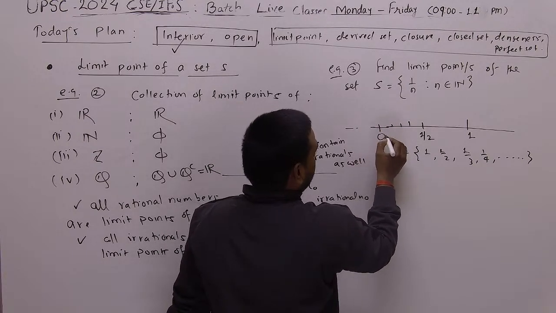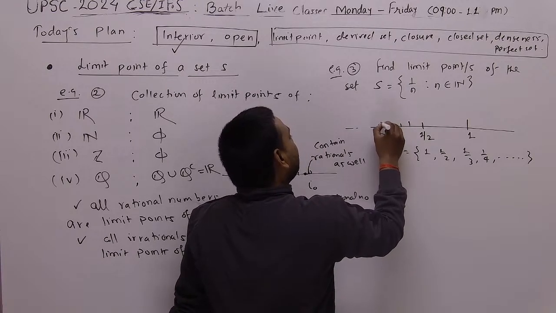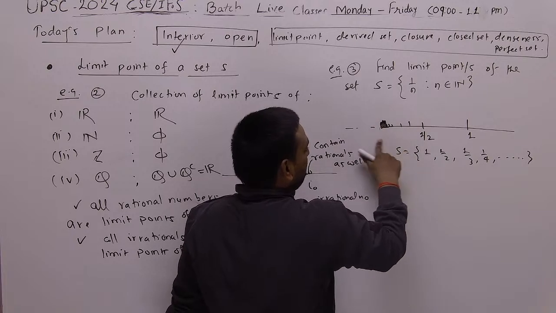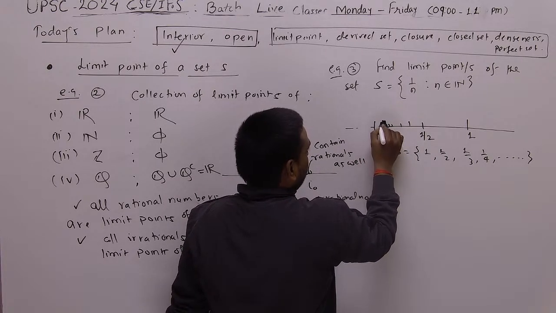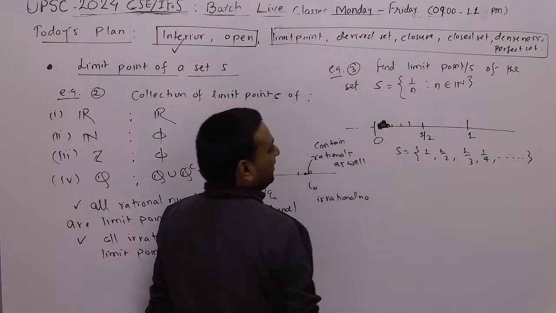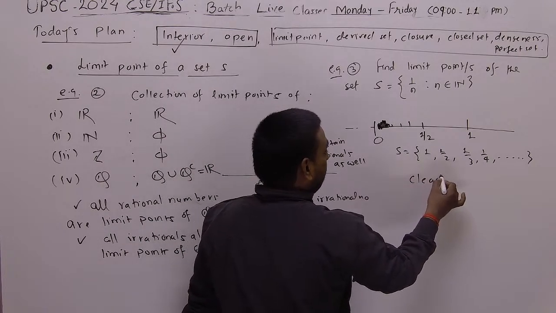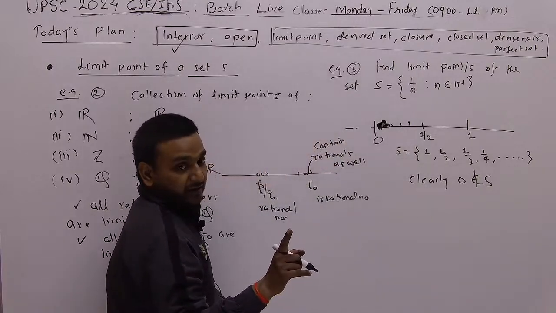So let's say यहां पे लगा देंगे जमघट. Please be on the board, everyone. This is denoting the jamghat. Okay, this is the point 0. Clearly, 0 is not in S. ख्याल रहे.